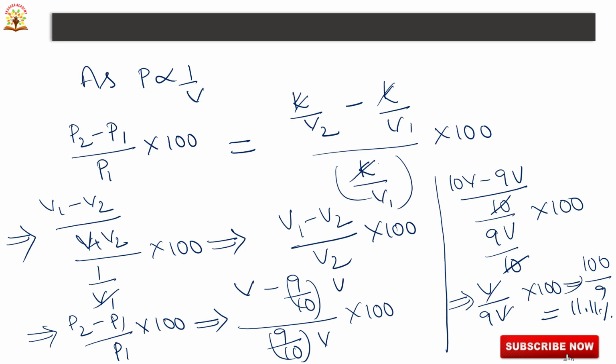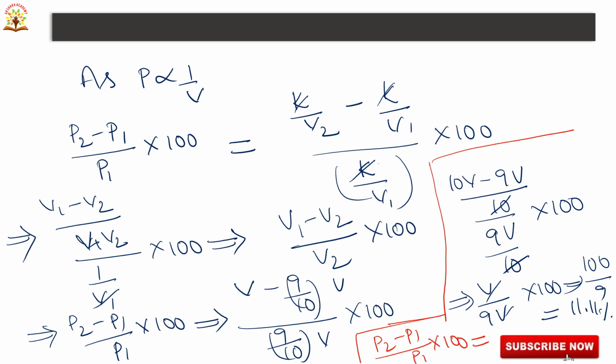So the final answer is P2 minus P1 by P1 into 100 is equal to 11.11%. This is the final answer.